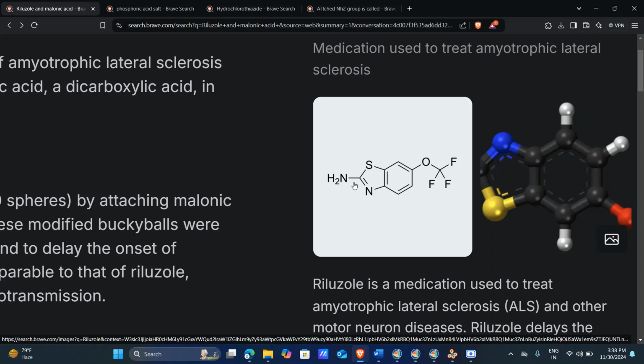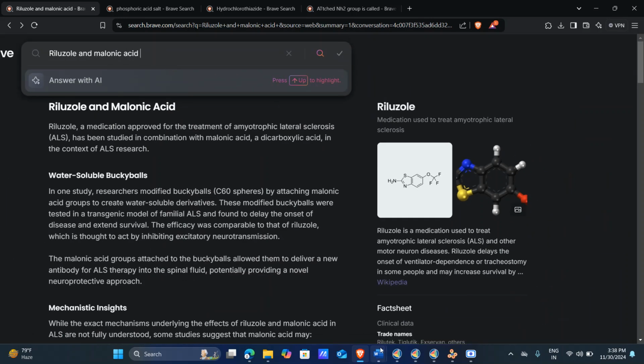We will try to identify it, and the carbon is attached to the NH2 group and nitrogen is present here. On the other side of the ring there will be an oxygen attached to a carbon, and the carbon is sp3 with three fluorine atoms attached.